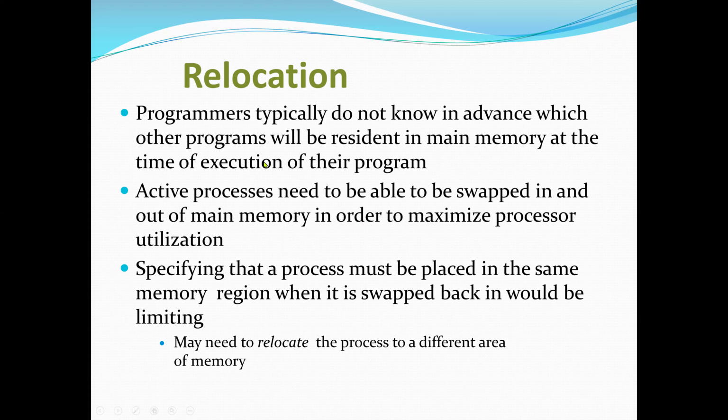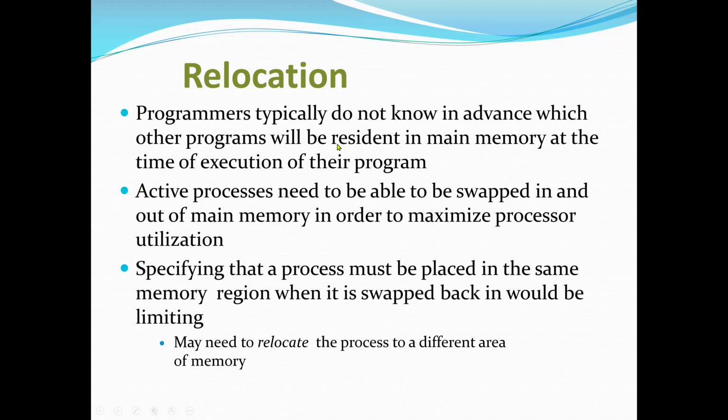But typically, it is not possible for the programmer to know in advance which other programs will be resident in main memory at the time of execution of his or her program.